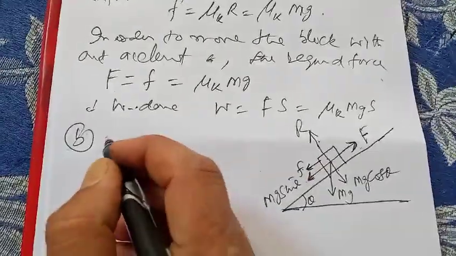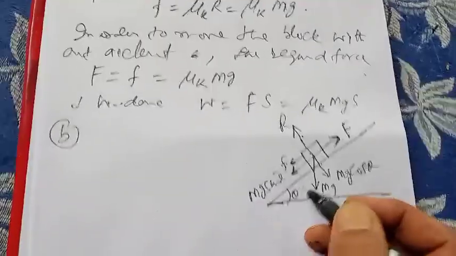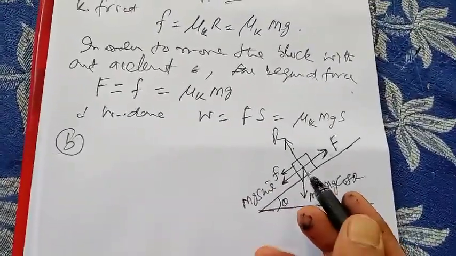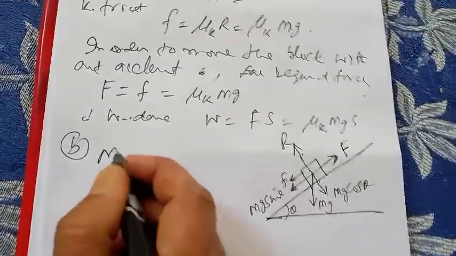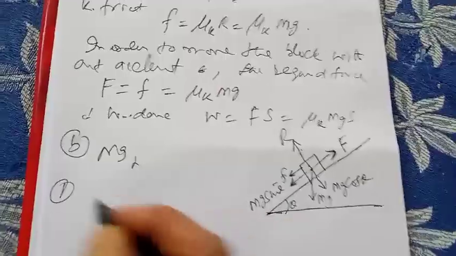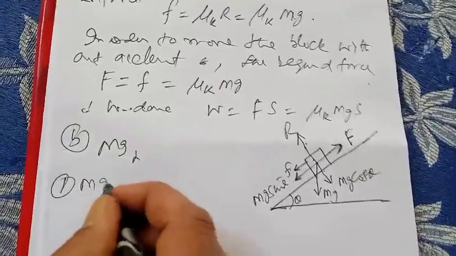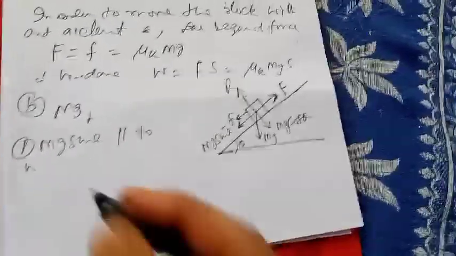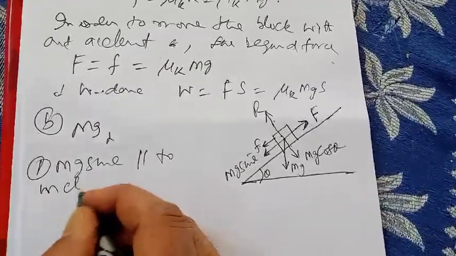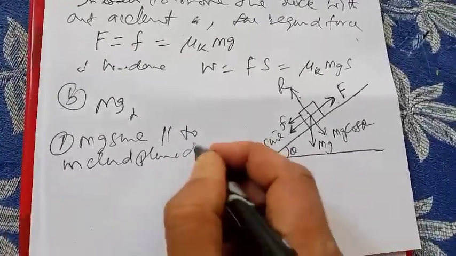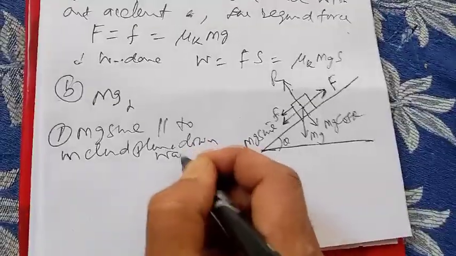So here, when we move this block downwards or upwards, first of all, the weight mg of the block is resolved into two rectangular components. One is mg sin theta, which is parallel to the inclined plane, downwards.